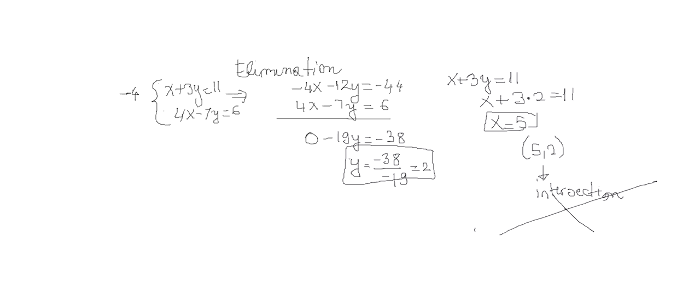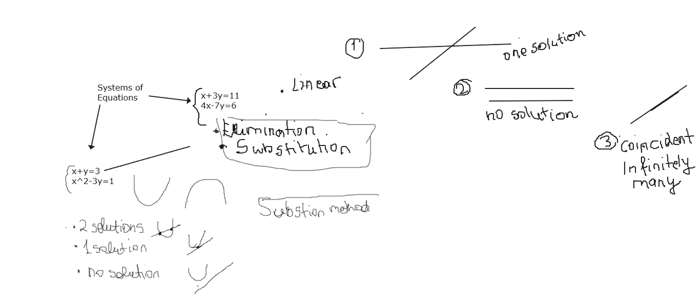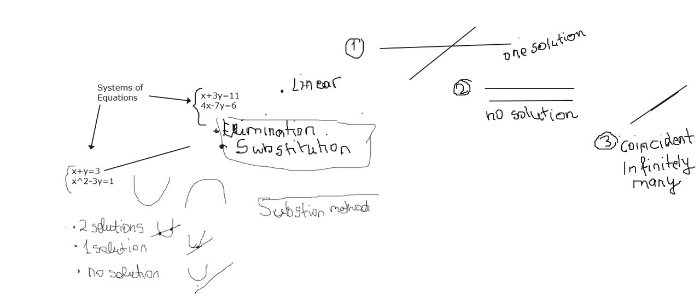If we go to one quadratic and one linear equation and try to find the solution, we have x plus y equal to 3, and also the second equation, which is x squared minus 3y equal to 1.